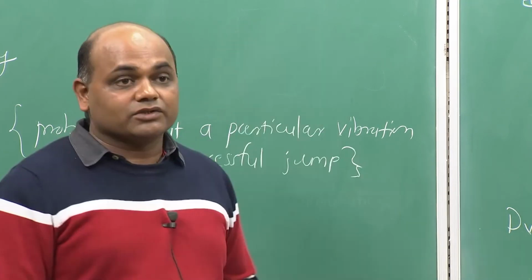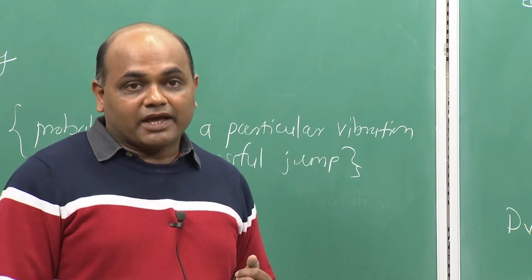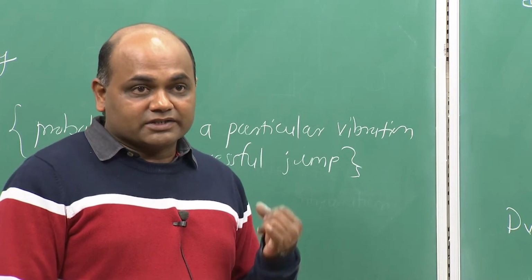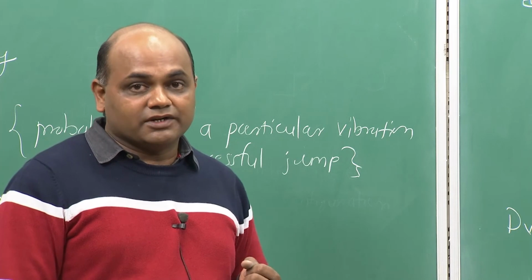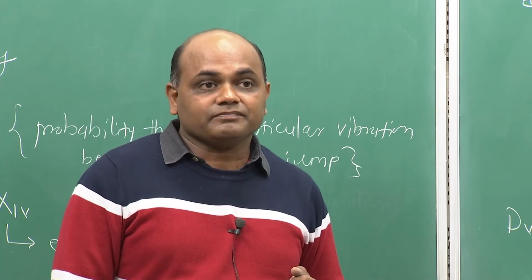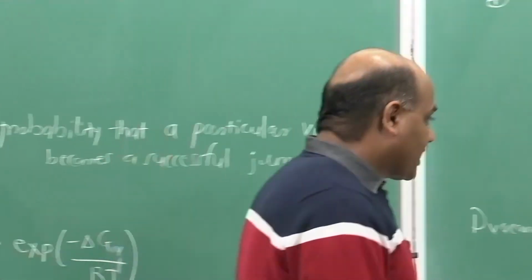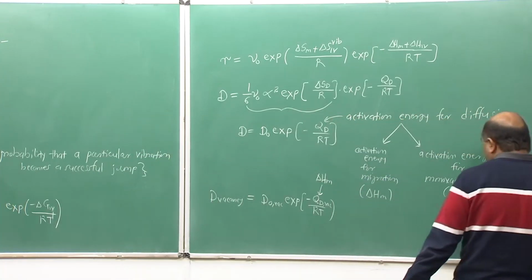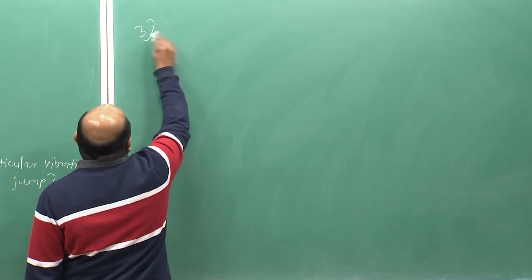Okay. So, these are the two important mechanisms of diffusion in a metallic crystal, interstitial diffusion and substitutional diffusion. There are a few more mechanisms which were proposed. I will briefly mention those.